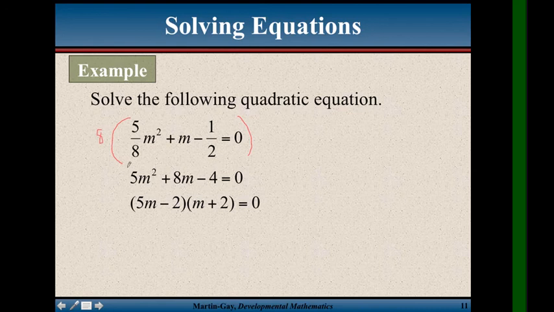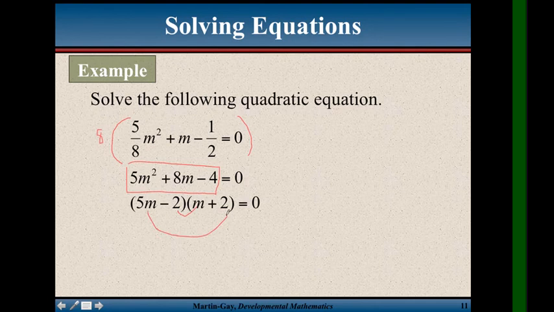And we can factor this as 5m minus 2 and m plus 2, right? Let's check. 5m times m is 5m squared. Negative 2 times positive 2 is negative 4. We have negative 2m for this, and we have here 10m.